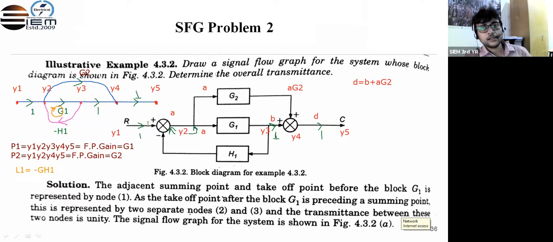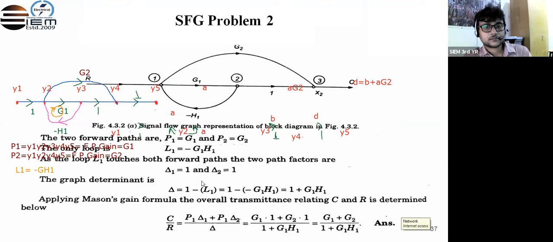Okay, let's see. Now you see only one loop is possible, G1 into H1. Okay, so this is G1 into H1. Just write it as G1.